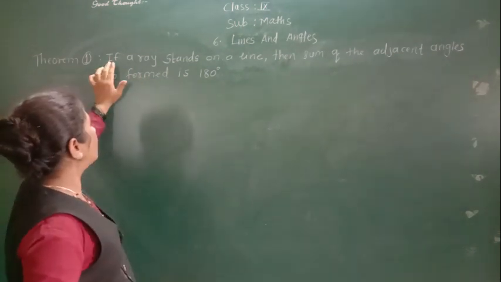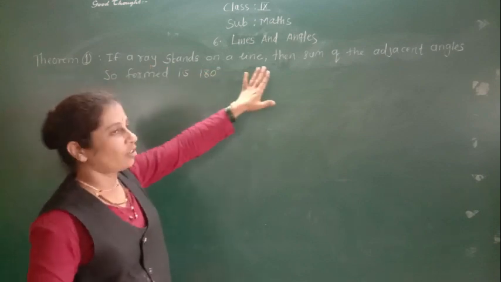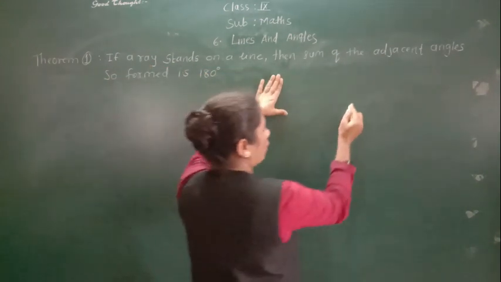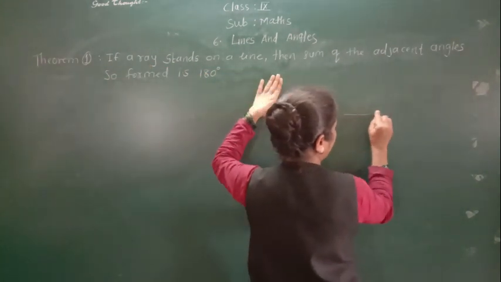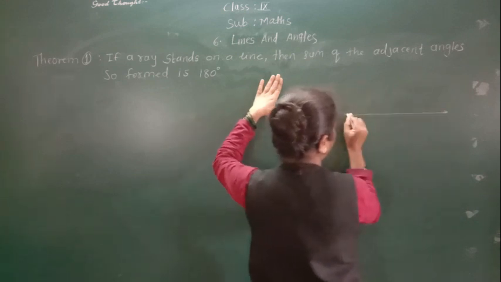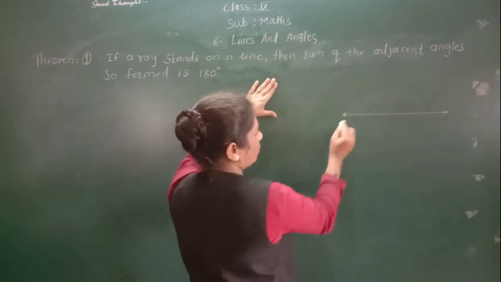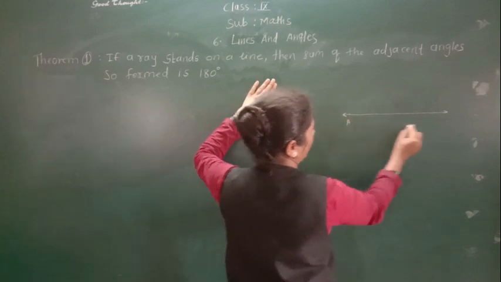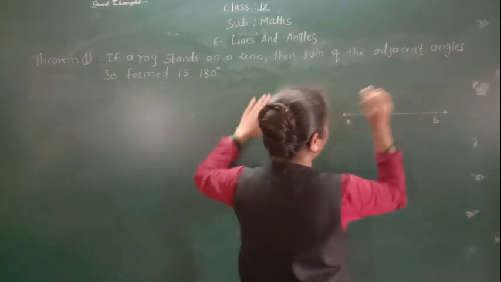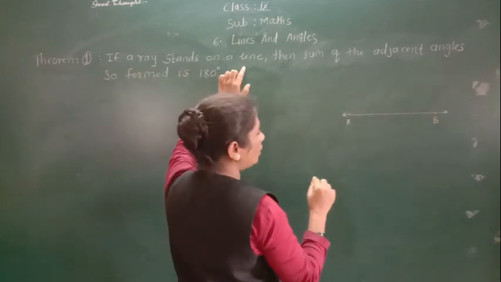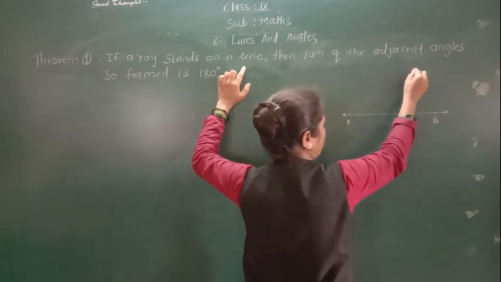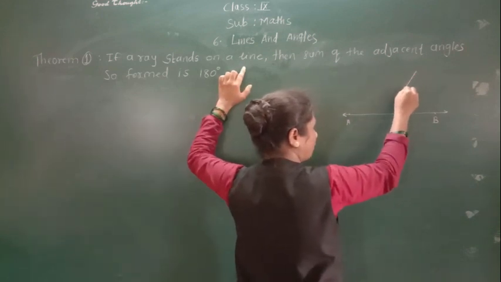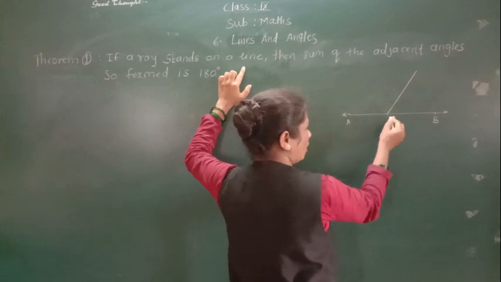If a ray stands on a line, it means here one of the straight lines, we will take this line as AB. I will draw one ray which stands on the line.